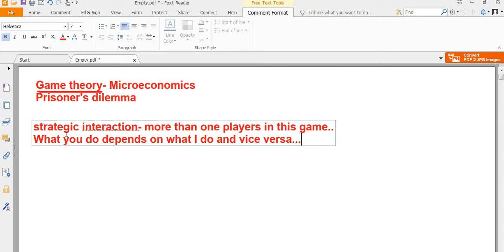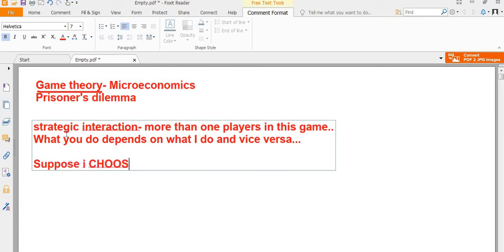Now what does that mean? Suppose I am considering a game of chess. Suppose I choose a particular move in a game of chess. Now what happens is, when I choose a particular move, you follow the move that I have played and you decide your move accordingly.